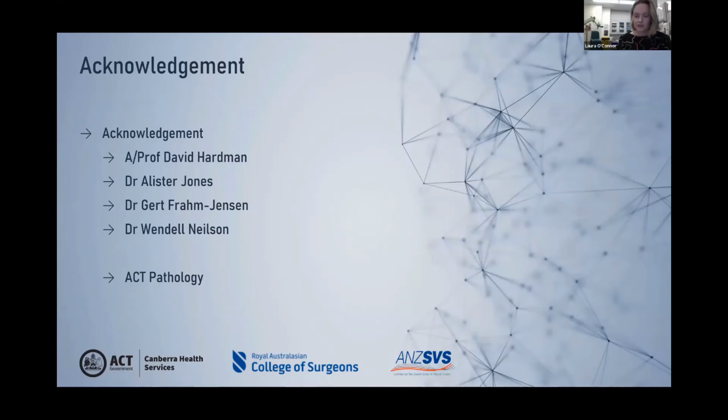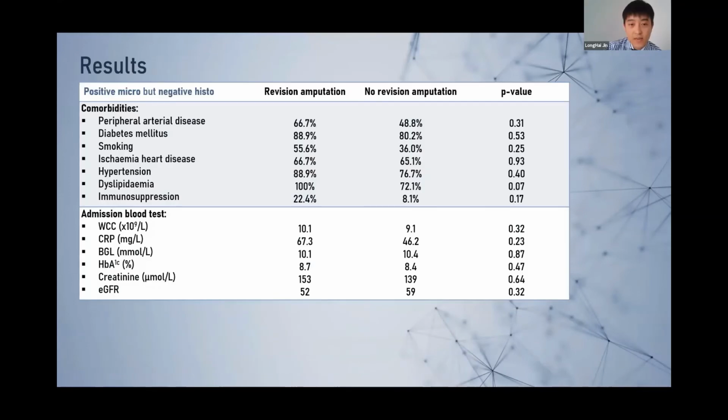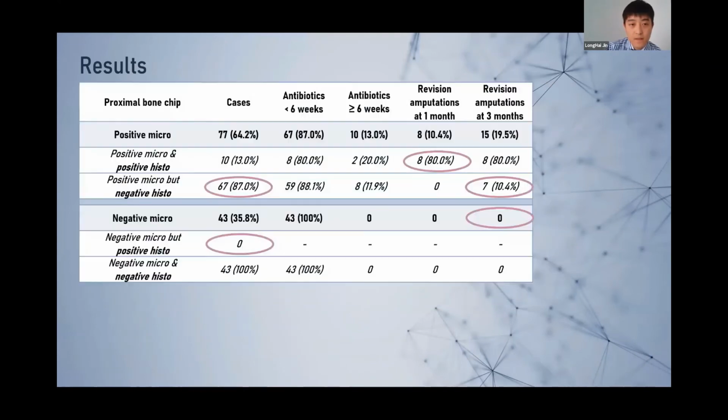So there's one other question for you. Can you clarify what proportion of patients with positive micro required amputation, and what proportion with negative micro required further amputation? So I think it was just that original slide. Yeah, so going back. In terms of negative micro, no one required amputation by 3 months.